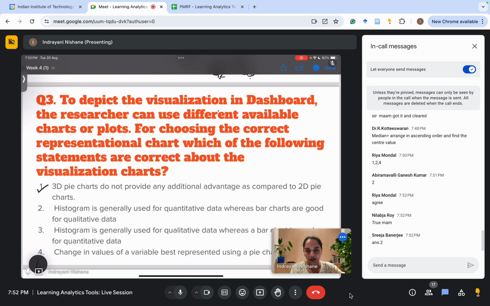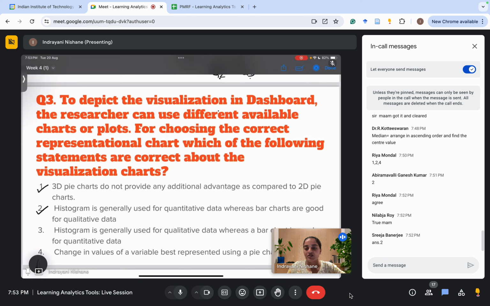And bar charts, within the same context, we use when we want to compare and contrast different variables or different information. That is more of a qualitative analysis, based on qualitative data, right? So this is also correct.